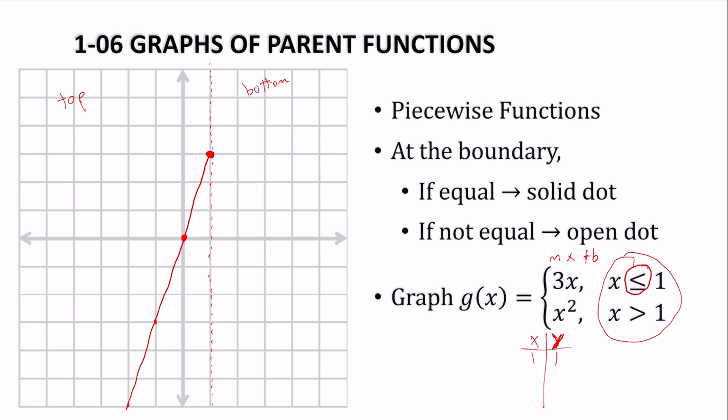But it's not equal to, so we're going to put an open circle there. If I put in a 2, 2 squared is 4. If I put in a 3, 3 squared is 9, and that's off my graph. So then it's something like that. Should be slightly curved since it's part of a parabola.